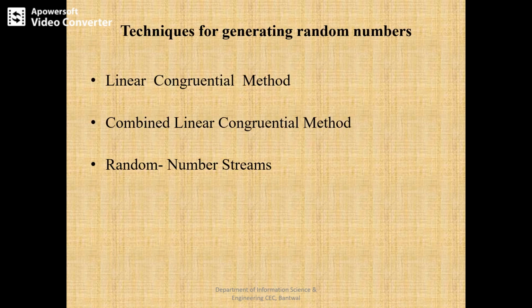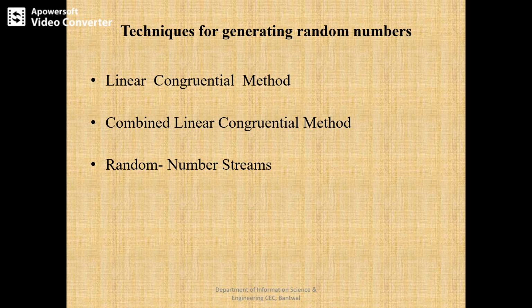Now we are going to discuss the major part of random numbers, techniques for generating random numbers. The linear congruential method is actually the most widely used technique for generating random numbers, so we should take it in detail.